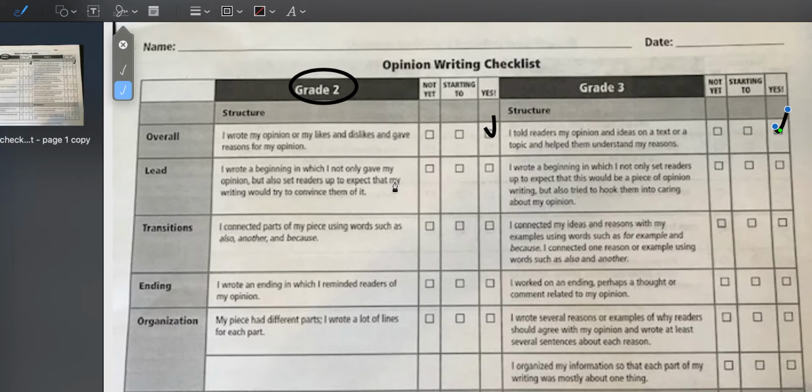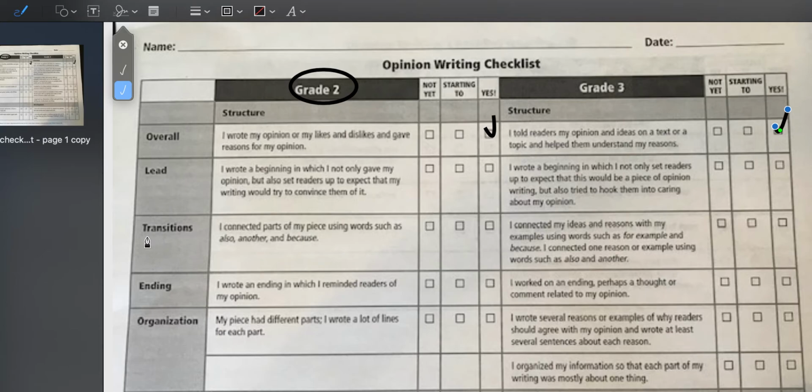If you did those things, then you would mark yes, and then you need to go back and put a sticky on your lead and tell what you have in that lead that you marked yes on. If you mark yes, you slide on over to grade 3. You read that descriptor and you make your decision. Okay, if it's yes, you need to prove it in your text, in your writing.